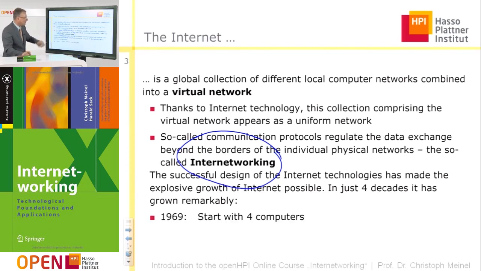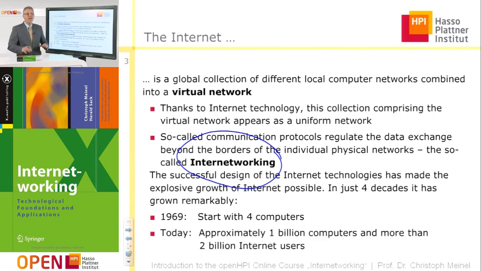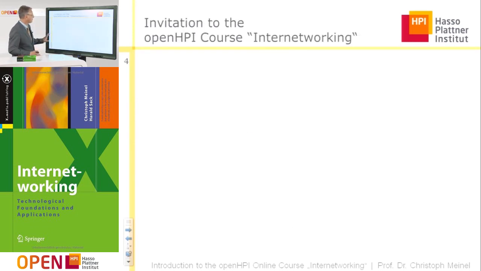If we look back, the internet started in 1969 with 4 computers. And nowadays, we have approximately 1 billion computers connected to the internet. Computers also means mobile devices, smart devices, laptops, mainframes, and more than 2 billion internet users.